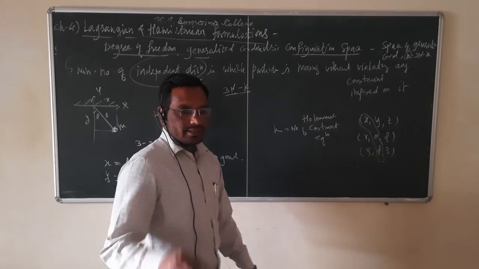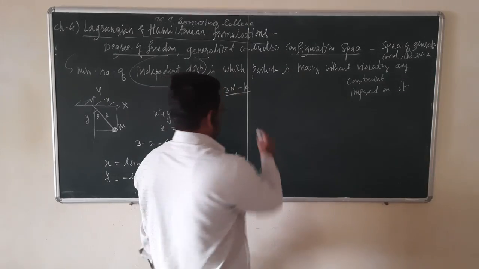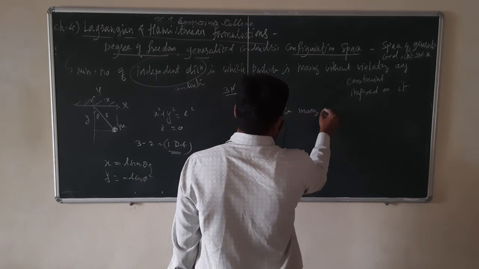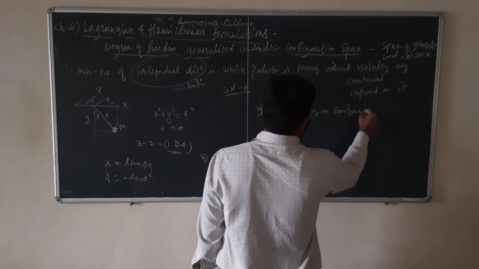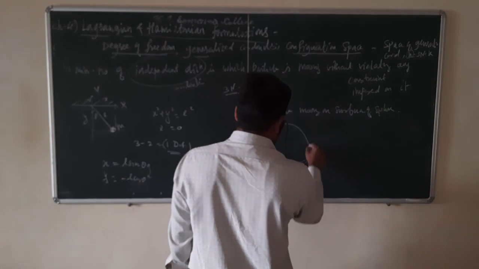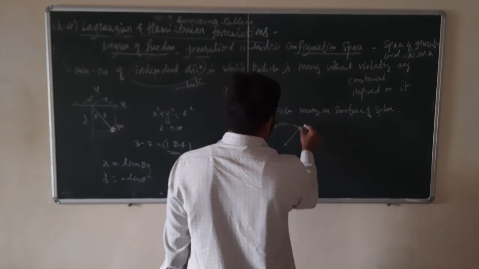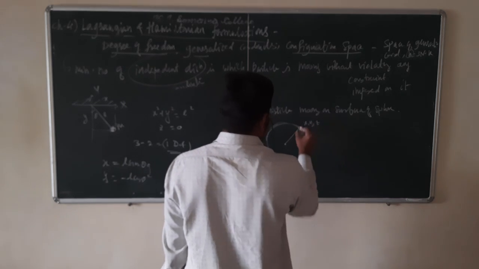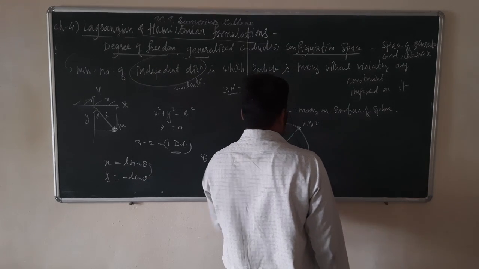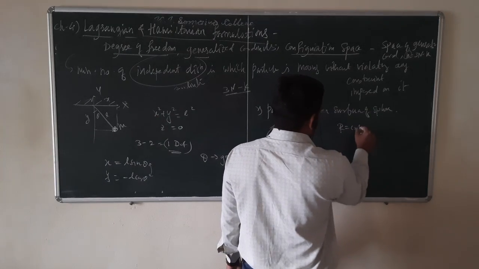Now take another example, a particle moving on the surface of a sphere. Suppose this is the sphere, and the particle is moving on the surface. Now you can take x, y, z coordinates. Then what is the constraint equation? r square is equal to constant, or r is equal to constant.